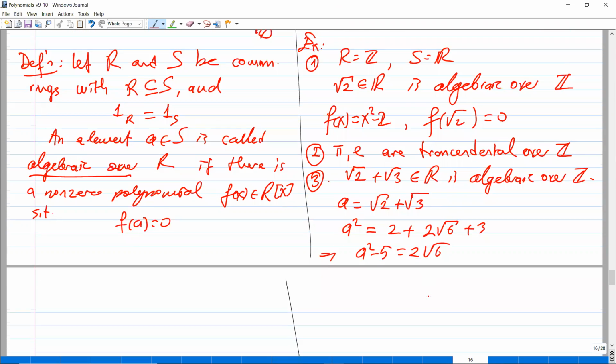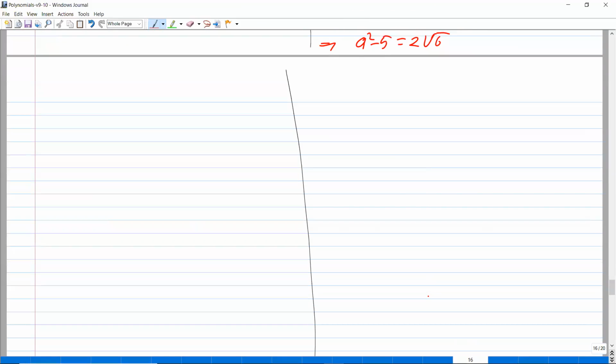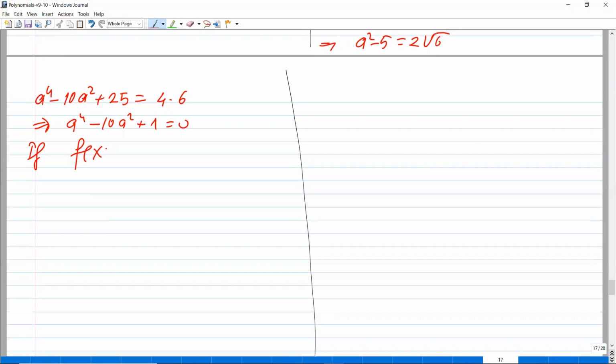If you square both sides once again, we have a to the 4 minus 10a squared plus 25 is equal to 4 times 6, which is 24. So when we subtract, we have a to the 4 minus 10a squared plus 1 is equal to 0.